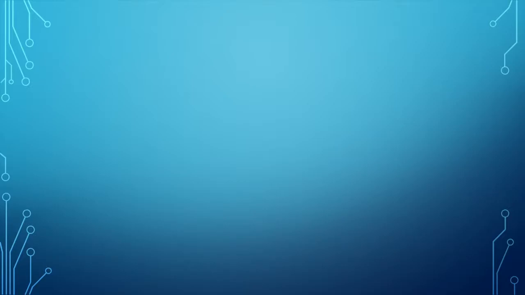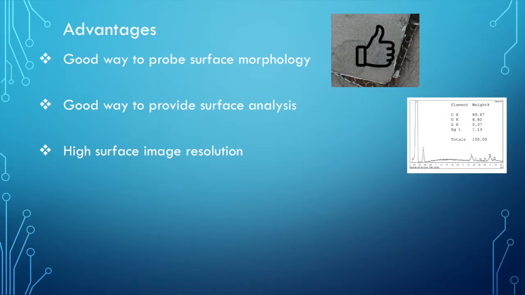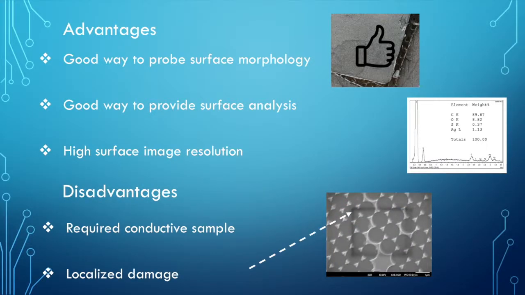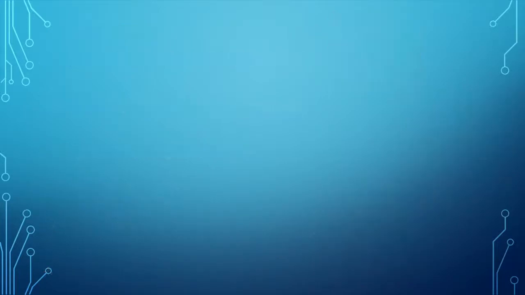Thus, the SEM is indeed a good way to probe into the surface morphology as well as composition of a sample. However, there are many drawbacks to this way of probing, such as requiring the sample to be conductive, and also localized damaging of the sample. But overall it provides good resolution and insight to the surface of things which we could not see, even with a normal microscope.